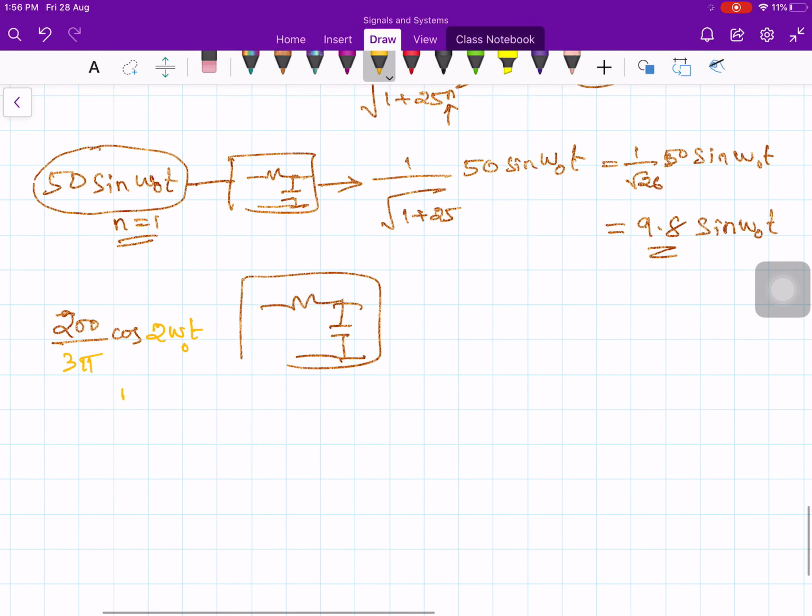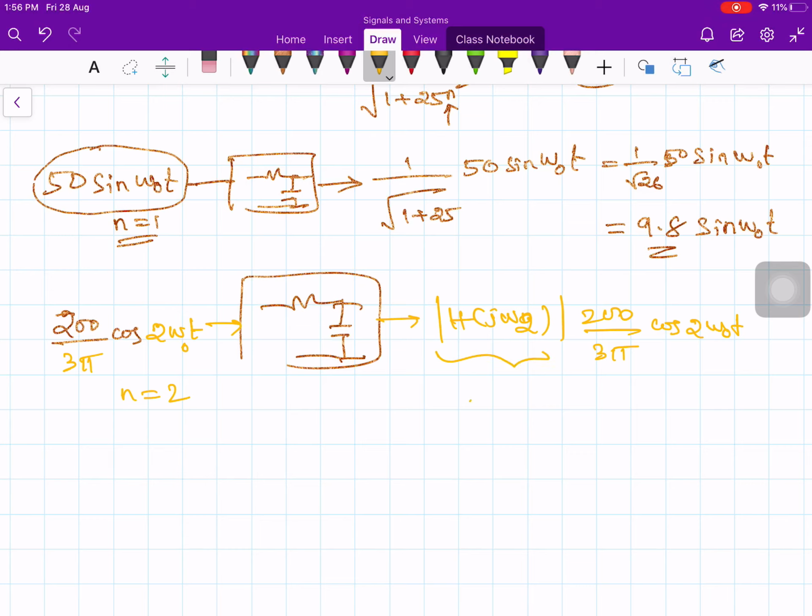What is the n value here? N value is equal to 2. This is given as an input, and the output is mod of H of j n omega naught, n is 2. Take the magnitude, and the input is 200 by 3 pi cos of 2 omega naught t. What is this guy? 1 divided by square root of 1 plus 25 n square, where n is 2. 2 times 2, 4. 4 times 25, 100. So this is 100.